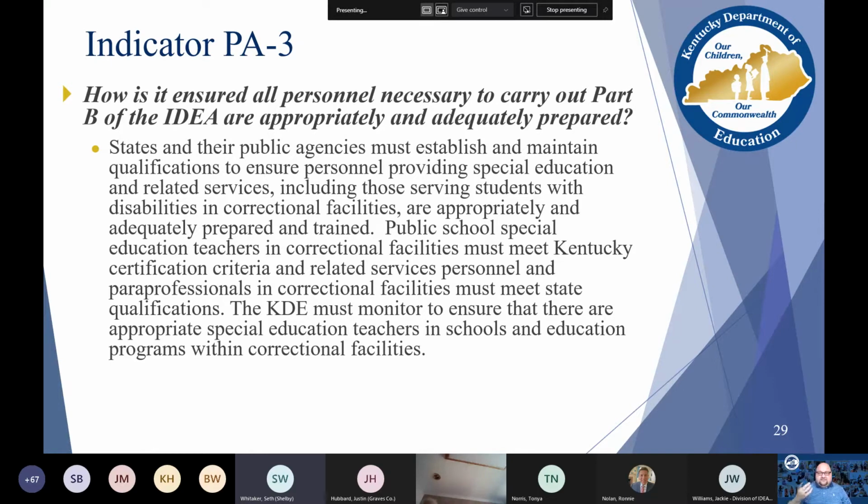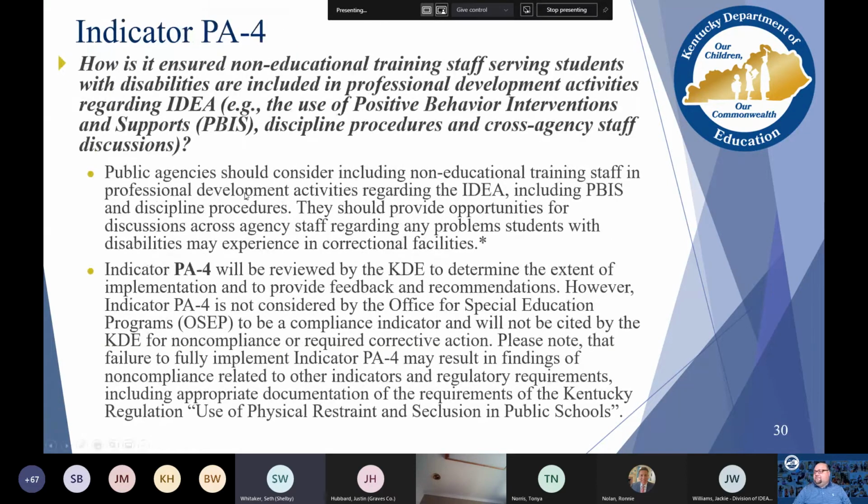In other words, you've got to have certified people working with your kids at every step of the way. So if you've got a kid who qualifies for a special education aide, then that aide has to be certified per Kentucky requirements. So they have to be vetted through the local district. It has to still continue, and it has to be provided if it's needed for the kid.